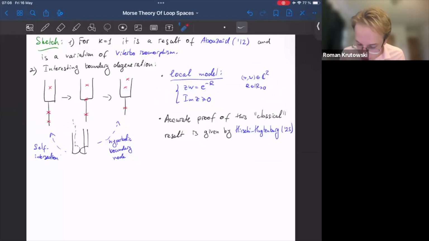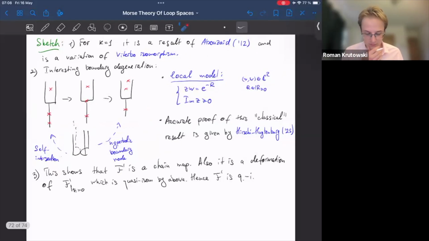This result is shown by Hirschi and Hugtenburg. They also show the more interesting result for elliptic boundary nodes, but we don't need that. And so these analyses show that F1 is a chain map.